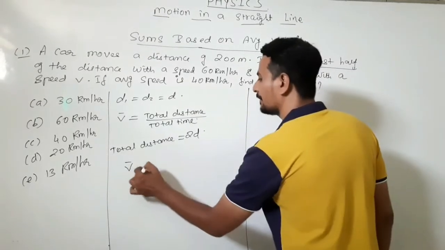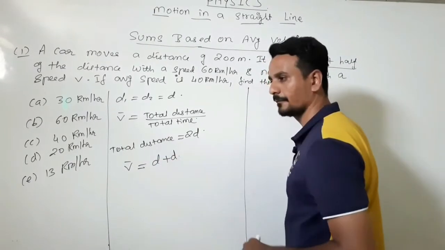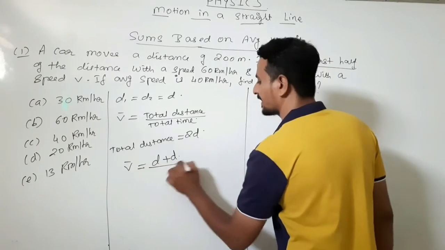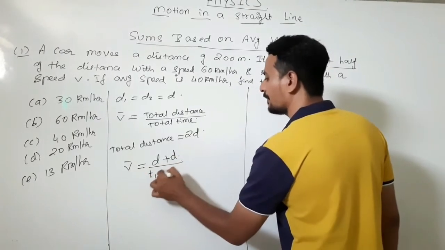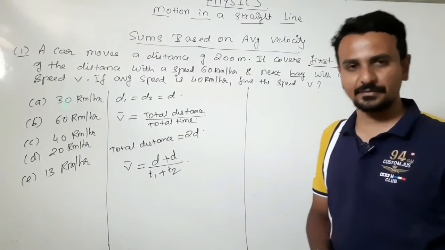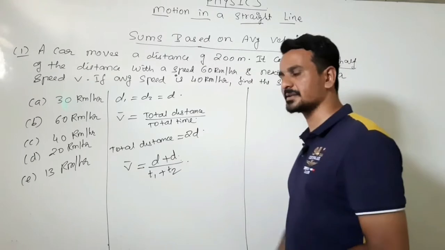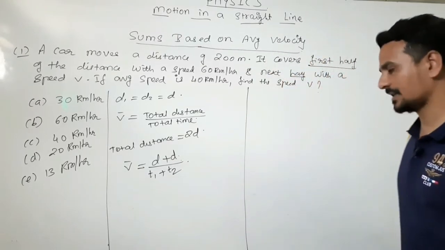So average speed will be total distance 2d, that is d plus d, upon total time t1 plus t2, that means the car is taking a time t1 to travel a distance d, and for the next distance d the car is taking a time t2.